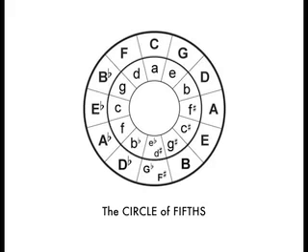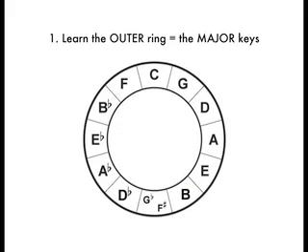In classical music, it's conventional to abbreviate major keys by simply listing their tonic as capital letters and minor keys as lowercase letters. The 12 major keys are arranged in the outer ring and the 12 minor keys in the inner ring. Now, I recommend that you approach this in 3 stages. First, learn the outer ring of the major keys.